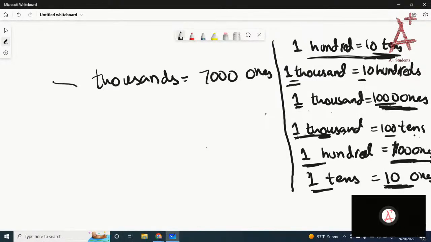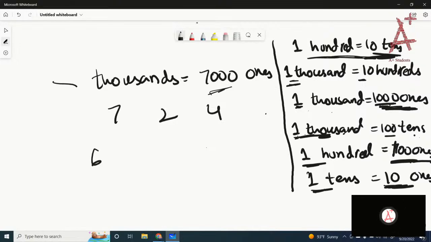See, in 1,000 you have 1,000 ones. So in 7,000 ones, how many thousands do you have? 7, 2, or 4. These are the options given below. So which is the correct option? Yes, it is 7. In 7,000 ones you have 7 thousands.